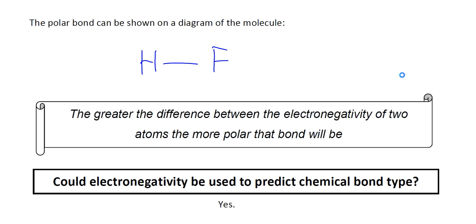I need to use a special symbol. I need to use slightly negative and slightly positive. Delta negative, delta positive. This letter that we're now introducing you to, if you're not an expert in Greek, is the lowercase Greek letter delta.